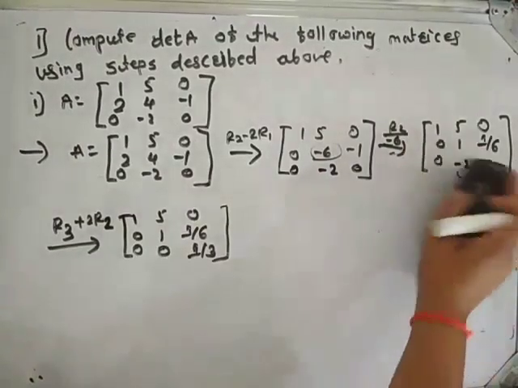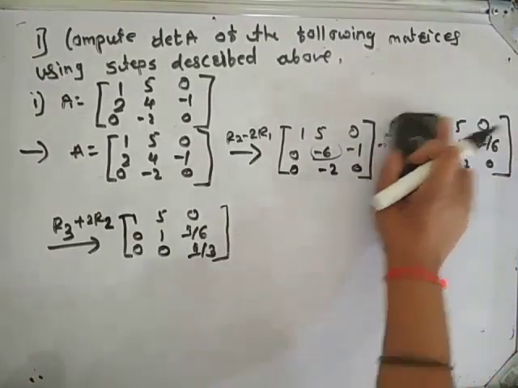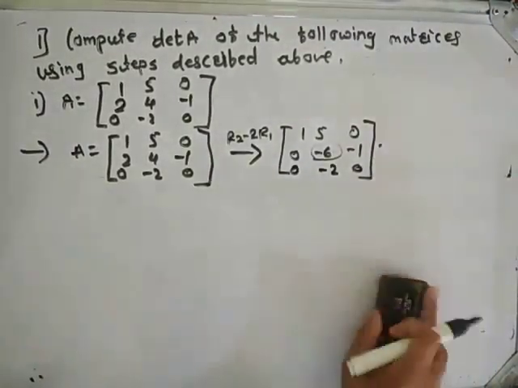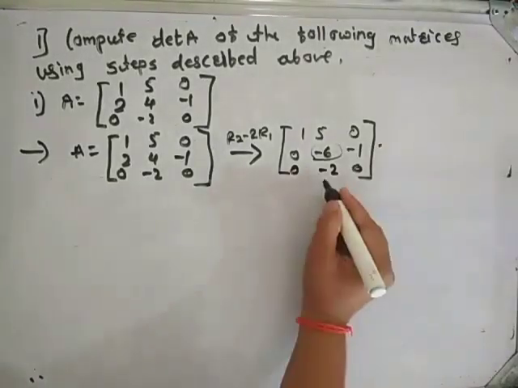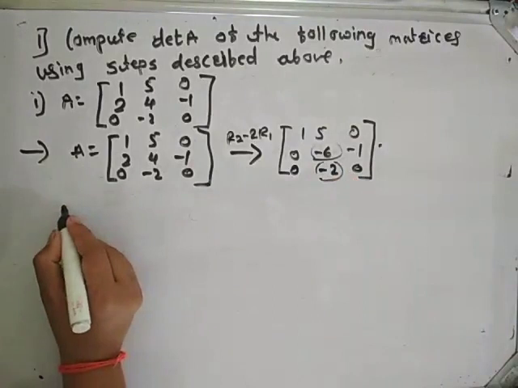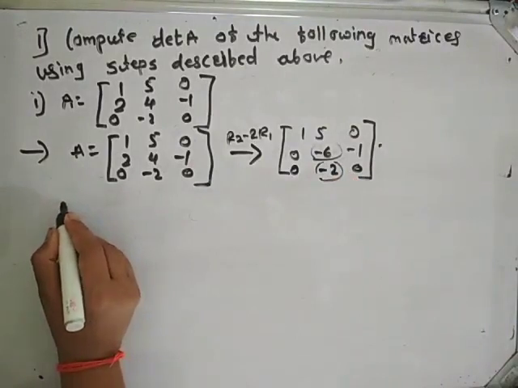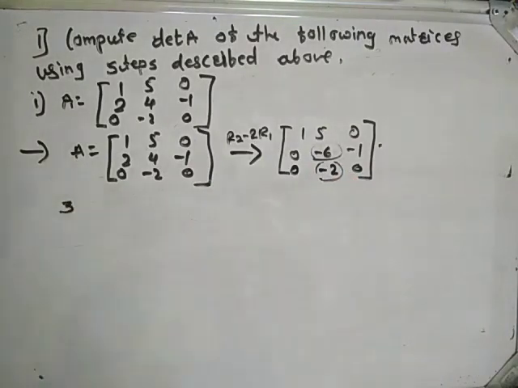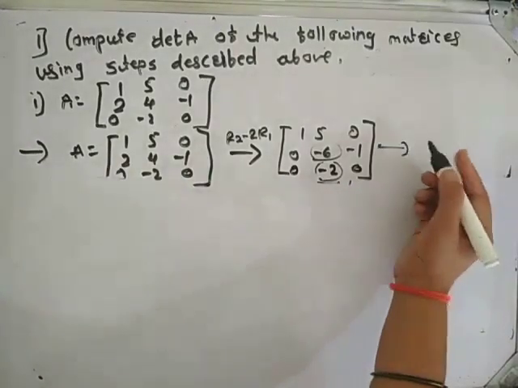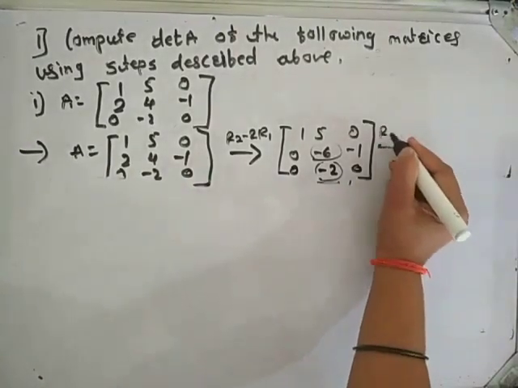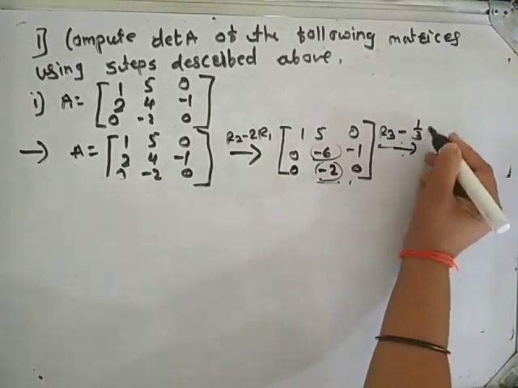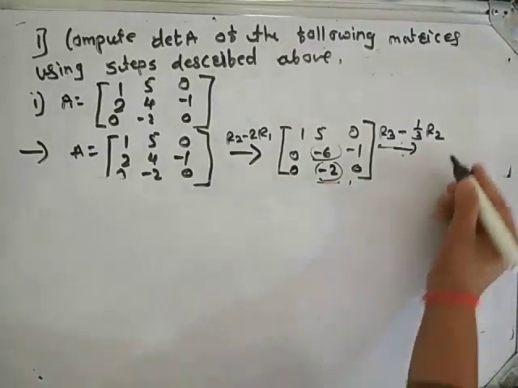Sorry students, don't do this step. Here we require 0, so we will perform a row operation R3 minus 1/3 into R2.